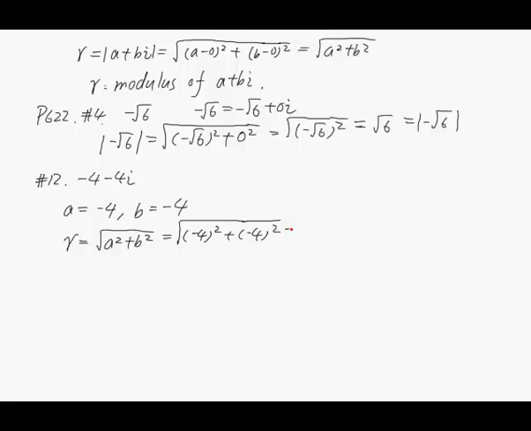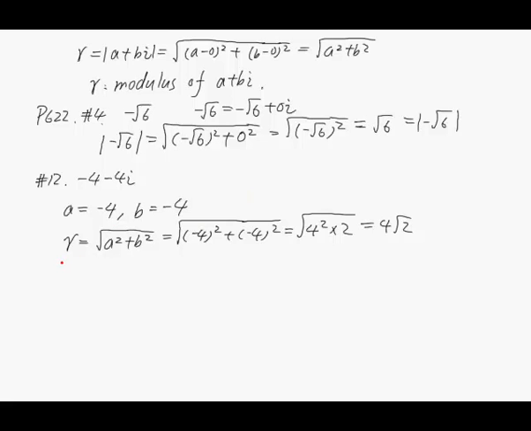So this is just equal to 4 squared times 2, right? You have 4 squared times 2, and then you take the square out, so you have 4 times the root of 2. This is the modulus of this vector.